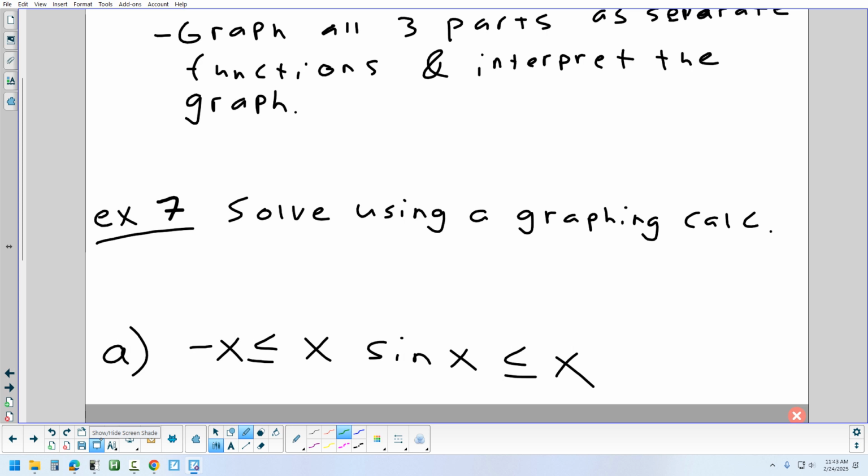Okay, the first thing is I just want to look at this part in the middle. X sine x. Does anybody remember when you put something in front, what kind of transformation is that?